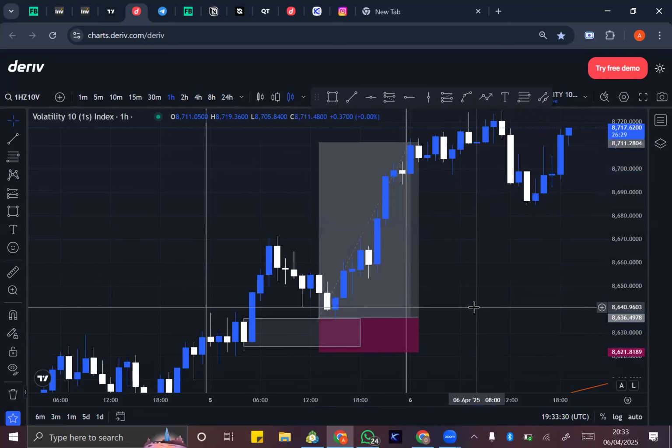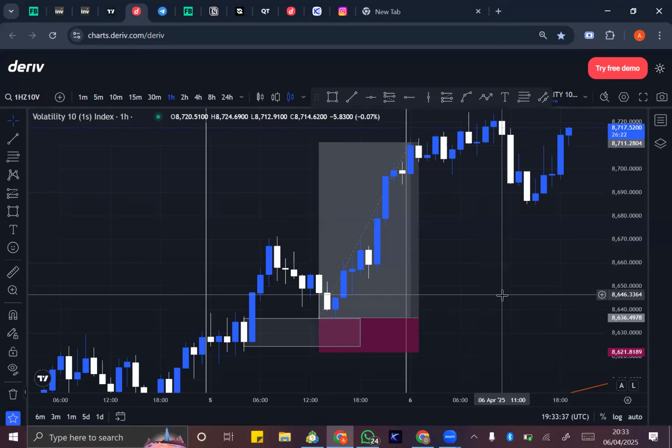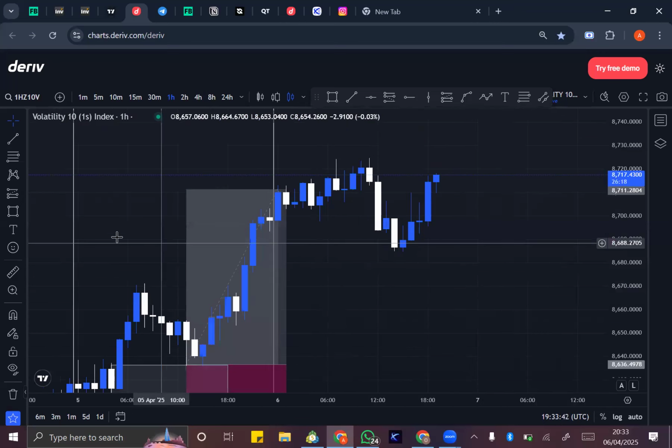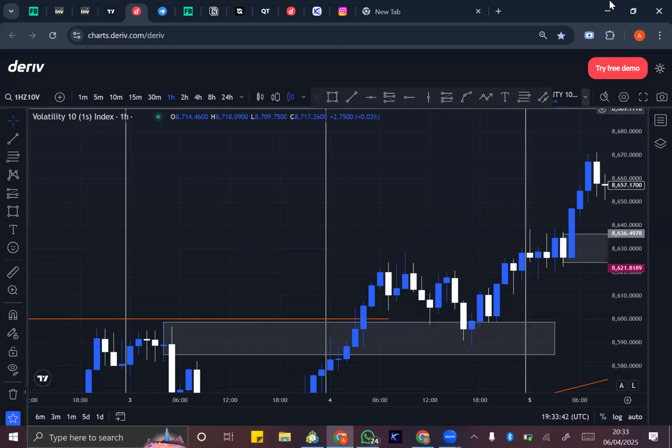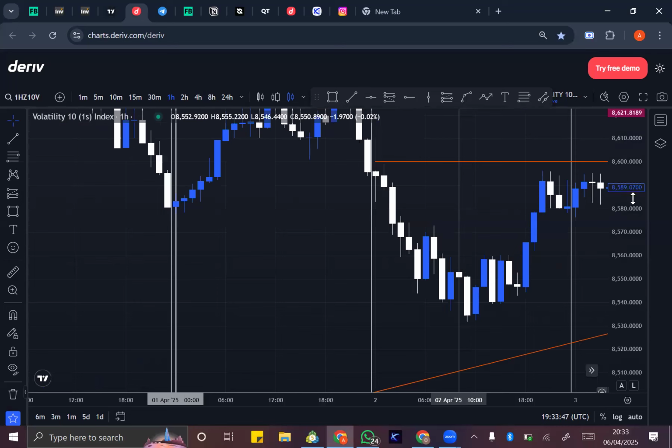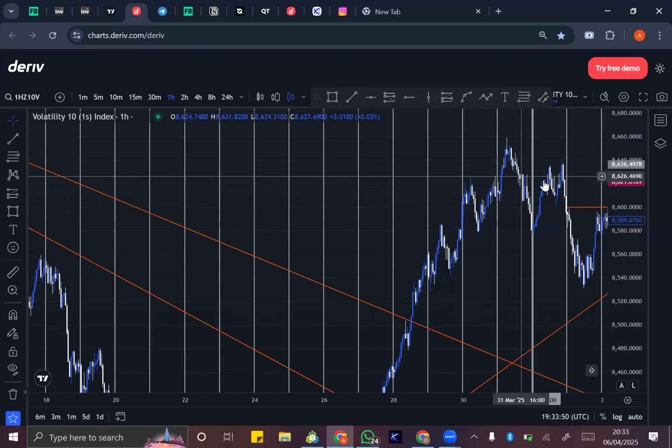After understanding the bias, don't trade in a consolidation. You are a newbie, you are starting out now. So don't trade in a consolidation period, just like this zone right here. Don't trade in a consolidation day that you don't understand.